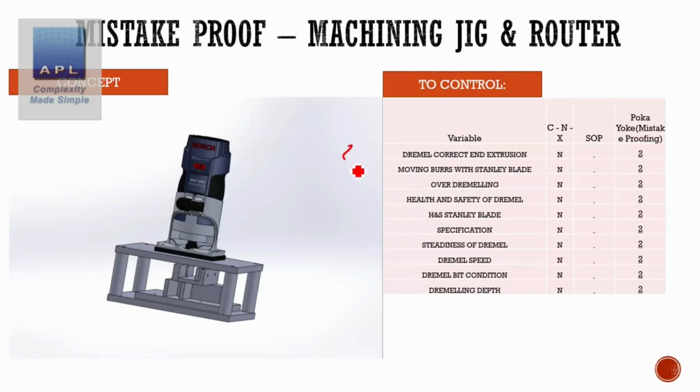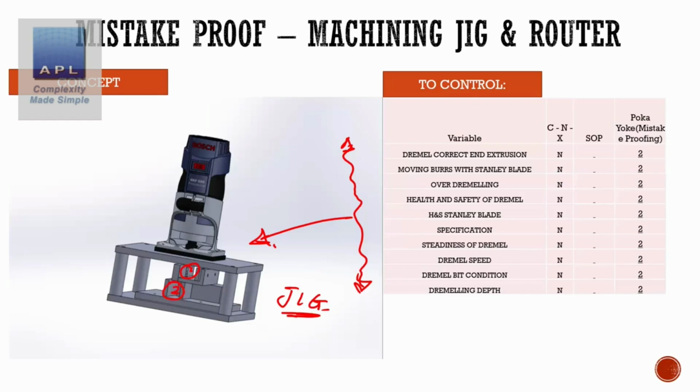Then they need to get control of all this manual Dremel chaos, using skill to try and get round the problem. And basically all they do is they buy something a little bit more industrial, and what do they do? They jig it. And with a jig you end up with two places on the jig, stage 1 and stage 2.